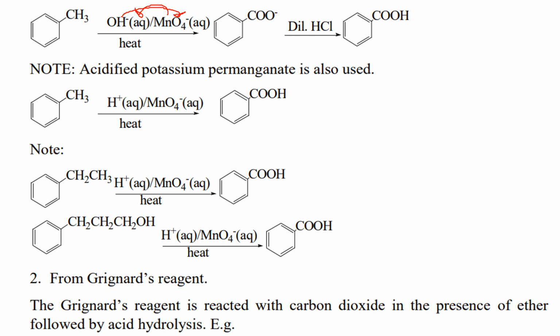So when you have alkaline manganate(VII) and then you heat, you always get a carboxylate salt. But if you take this carboxylate salt and hydrolyze it with dilute HCl, you are going to get benzoic acid. However, there is a direct route to that, which is very common in your synthesis reactions and very important because it's hardly missed out in any paper.